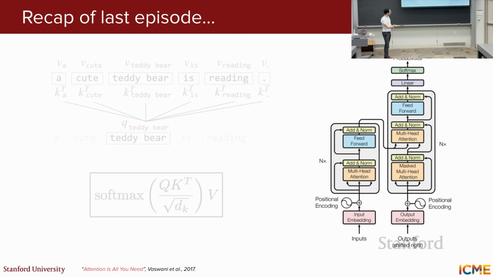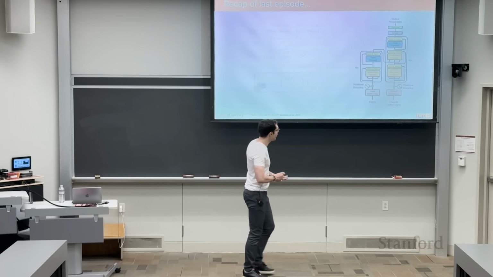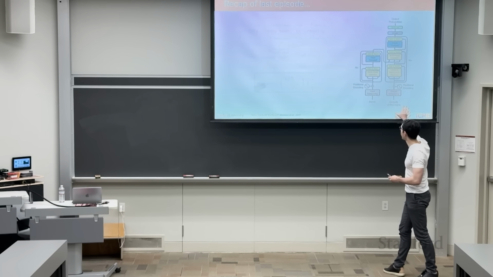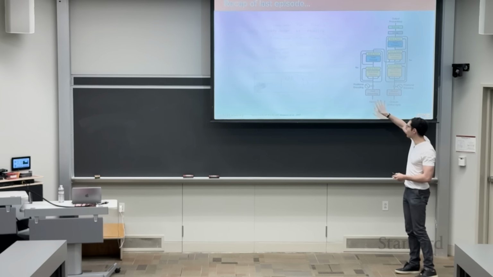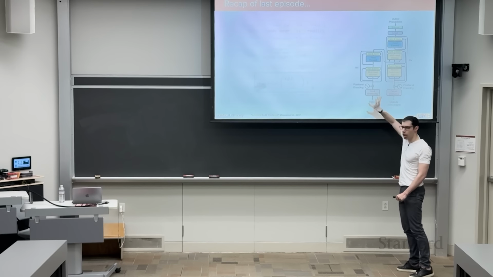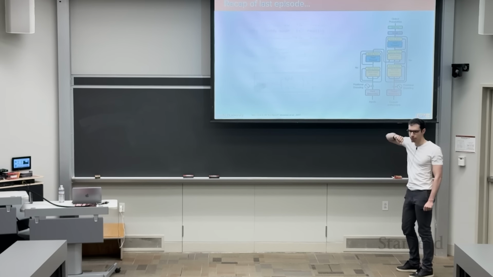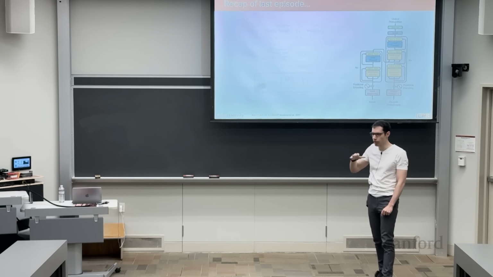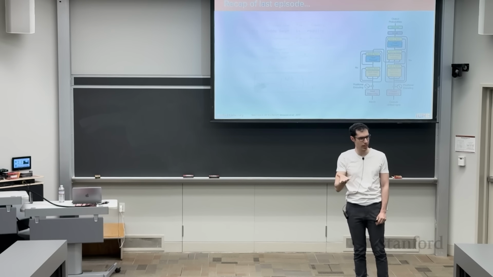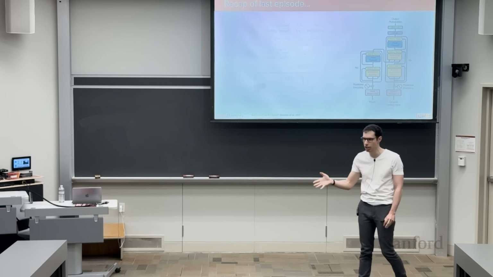And all of that to say, we also introduced the architecture of the transformer, which you can see on the right. If you remember, the transformer is composed of two main components: the encoder on the left side and the decoder on the right side. The transformer was initially introduced in the context of machine translation.